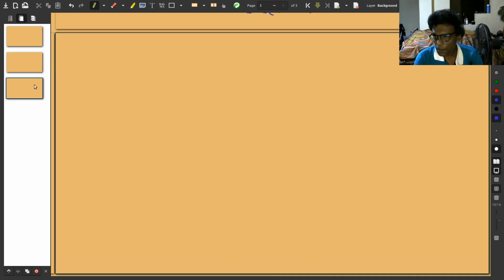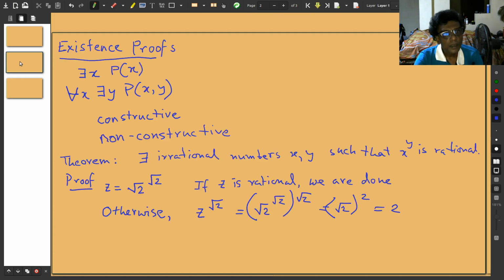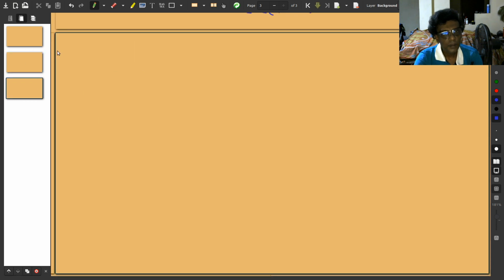Now I will look at a couple of assertions of this type: for all x, there exists something like this. So, this next theorem is something like that.